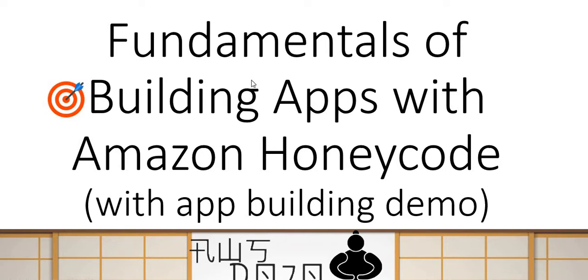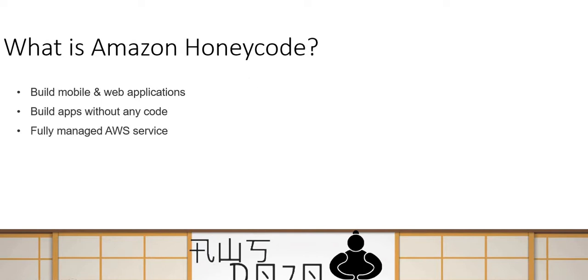So what exactly is Amazon Honeycode? It is a fully managed service from AWS. And this service can be used to build applications which are accessible from both browser as well as mobile devices.